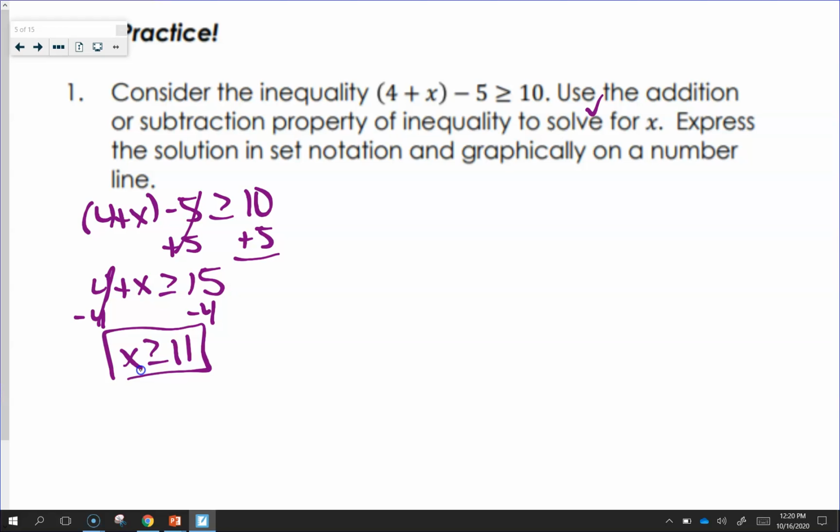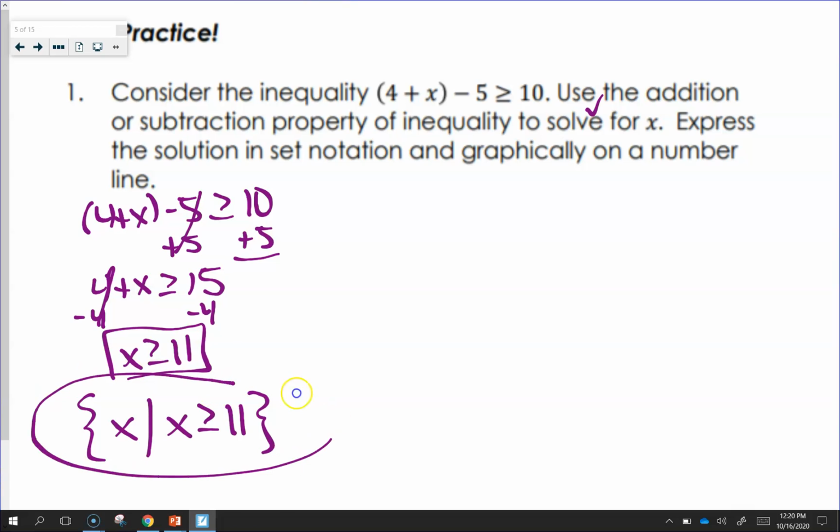Express the solution in set notation. So that's my squiggle, right? What variable are we using? We're using x, and what x's are we allowed to have? Any x that is greater than or equal to 11. So there is my set notation.